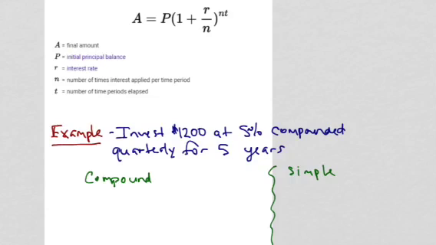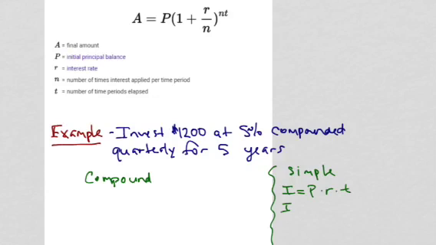Say you're going to invest $1,200 at 5% interest, compounded quarterly, that's 4 times a year, for 5 years. So again, let's work through the simple interest formula first. That's the one we learned last week. I'm going to walk you through that one again, and we can do a little comparison. If you remember that one, it's just principal times rate times time.